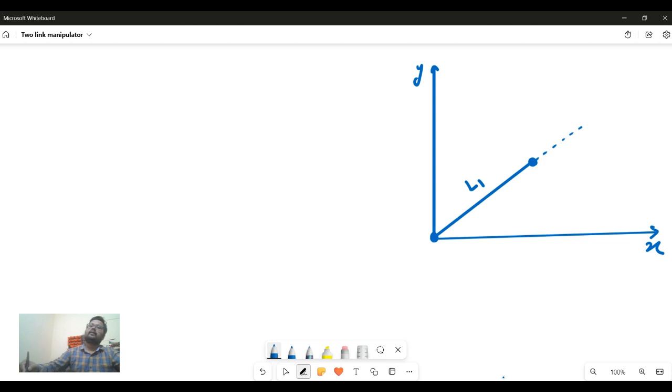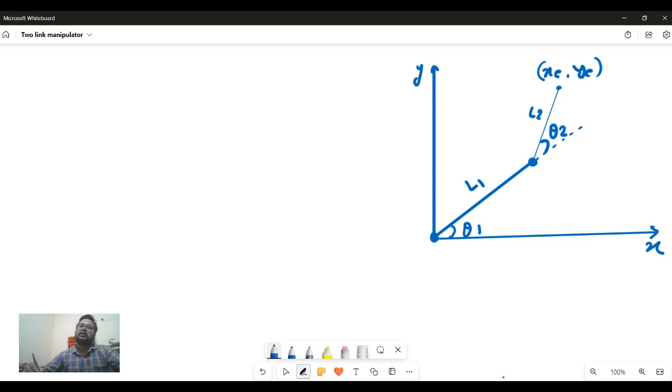Okay, theta 2 and theta 1. This is L2. Now the coordinates of this end effector are xe and ye. We are planning to find out theta 1 for given xe and ye.